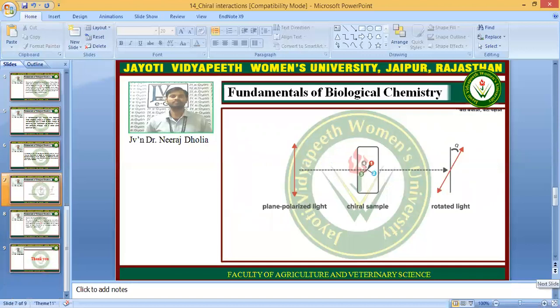Here is an example: you have a chiral sample and plane polarized light. When it passes through the chiral sample, the sample makes the plane polarized light rotate at a certain angle. This is also an identification of whether the sample has optically active compounds or not.